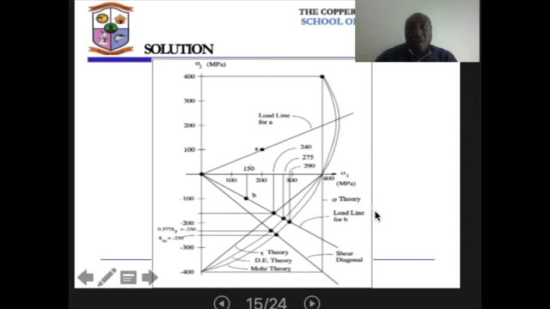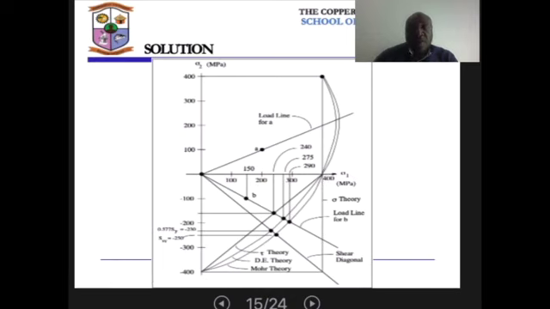Now, here is a catch. When you look at this line, it touches these lines here, and when you follow these lines, they are passing through this point, 400 megapascal.